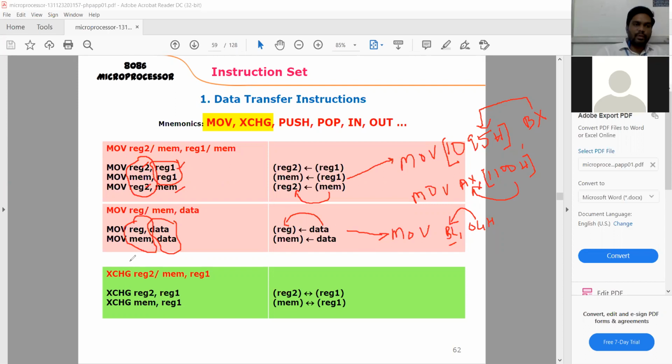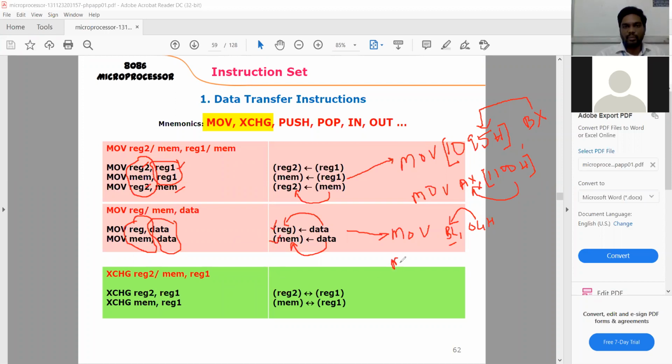Similarly, coming to the next instruction, move memory comma data, we are moving the data into the memory location. Here the destination has changed. In the previous instruction we used a register as the destination; in the second instruction we are using a memory location as the destination.